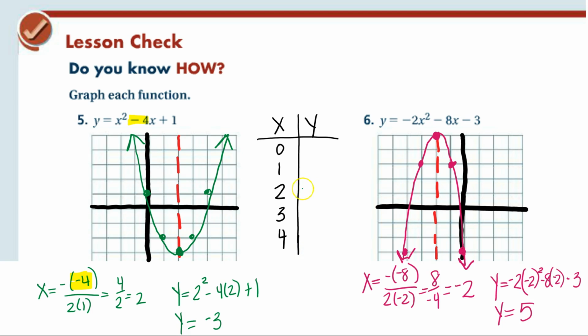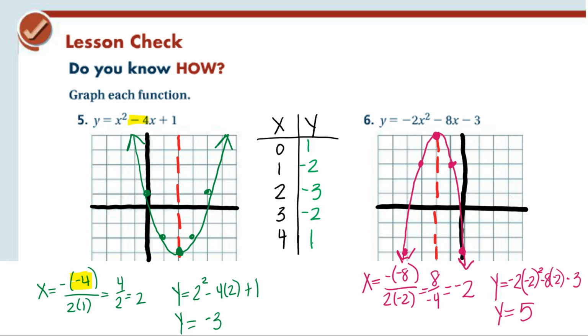I already know that 2 gives me -3 because I already worked that out. It looks like 0 gives me 1, 1 gives me -2, 3 gives me -2, 4 gives me 1. So there would be my t-chart to go with that.